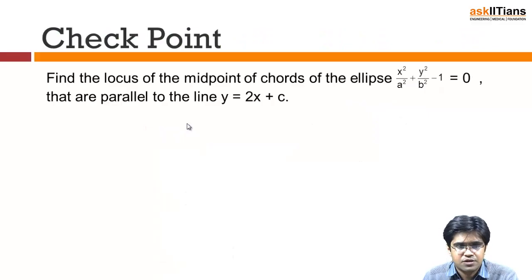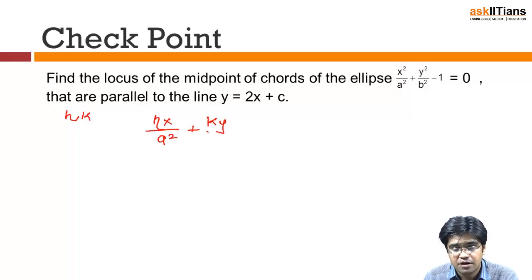Let's check our concept for this. We need to find the locus of the midpoint of all the chords of the ellipse that are parallel to this line. So for the locus of the midpoint of the chord, I am first going to write the equation in terms of the midpoint. Let (h, k) be the midpoint, then my equation is T = S1, that means hx/a^2 + ky/b^2 - 1 = h^2/a^2 + k^2/b^2 - 1. The -1 cancels out.